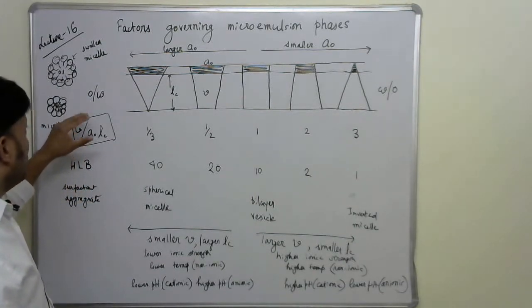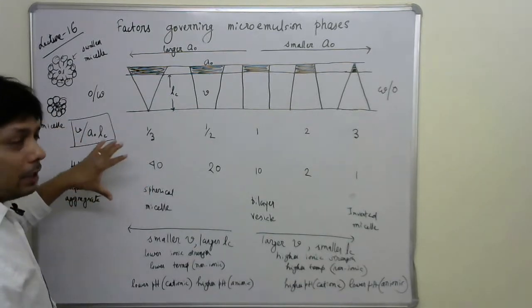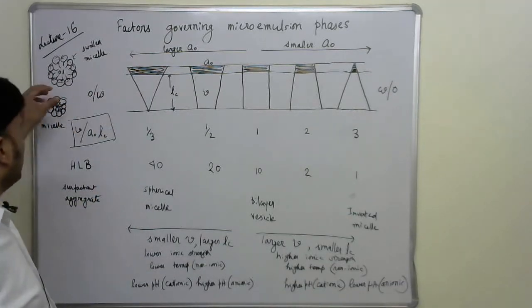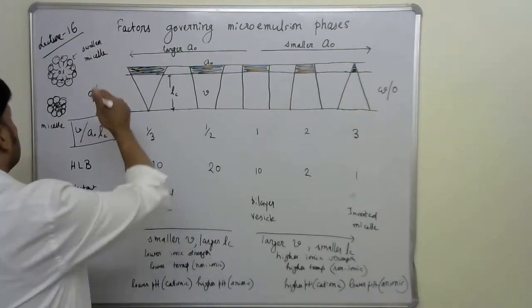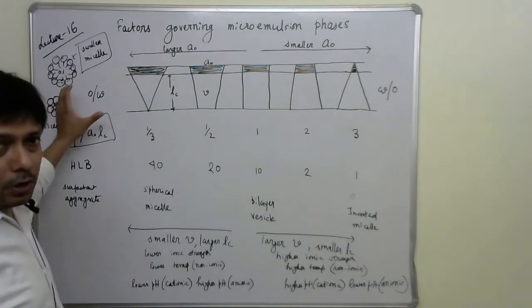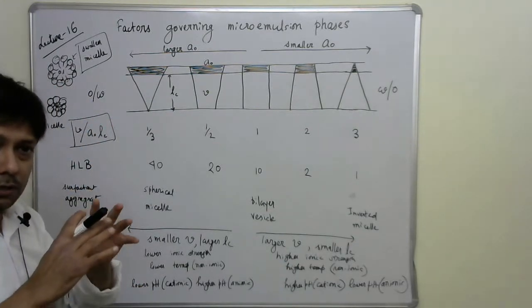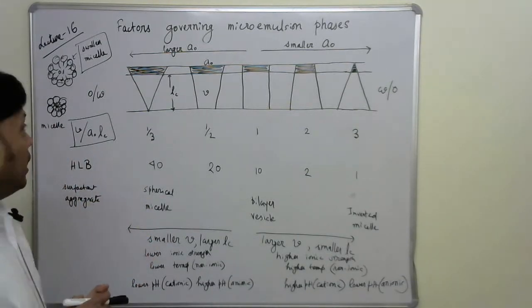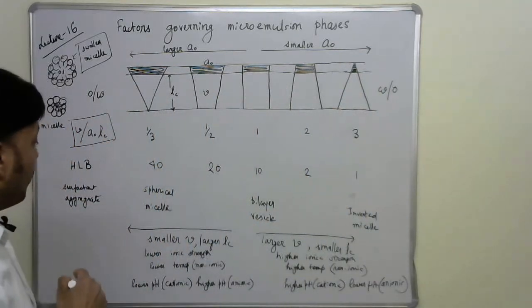But when we have oil, so when it forms the oil in water microemulsion, the micelle structure expands and inside there is a hollow space and they incorporate oil. And probably that's how the word swollen micelle came. And now it makes sense also because it appears that the micellar structure has got swollen to incorporate the oil phase. And exactly the opposite happens over here when it forms water in oil microemulsion.